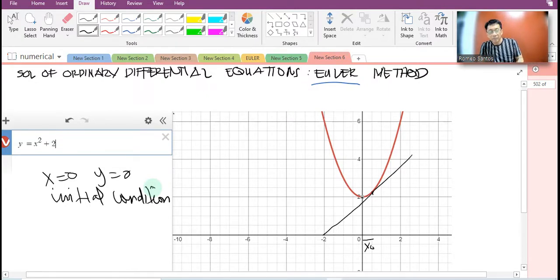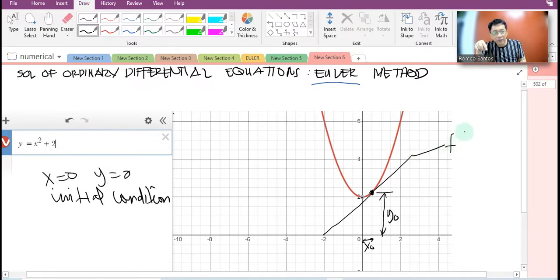So we should know the conditions in our problem. Our initial condition here is x is 0, and y, or initially, this is y. Now, what is the slope here?